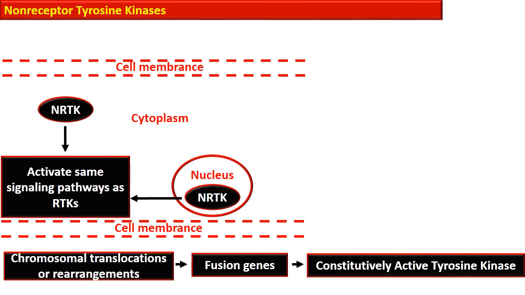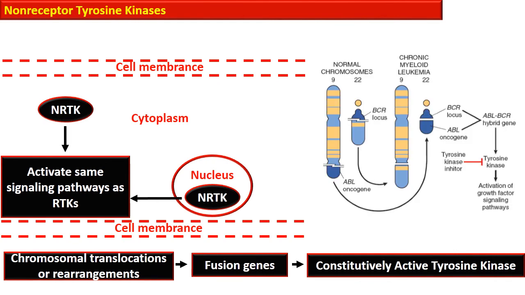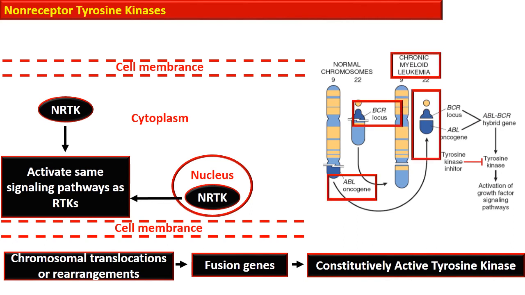This fusion gene formation is responsible for constitutively active tyrosine kinase, and one example of this is seen in chronic myeloid leukemia and a subset of acute lymphoblastic leukemia, in which the ABL gene from chromosome number 9 is translocated to the BCR locus in chromosome 22, and this translocation and fusion with the BCR gene forms a fusion gene, that is the ABL-BCR fusion gene.